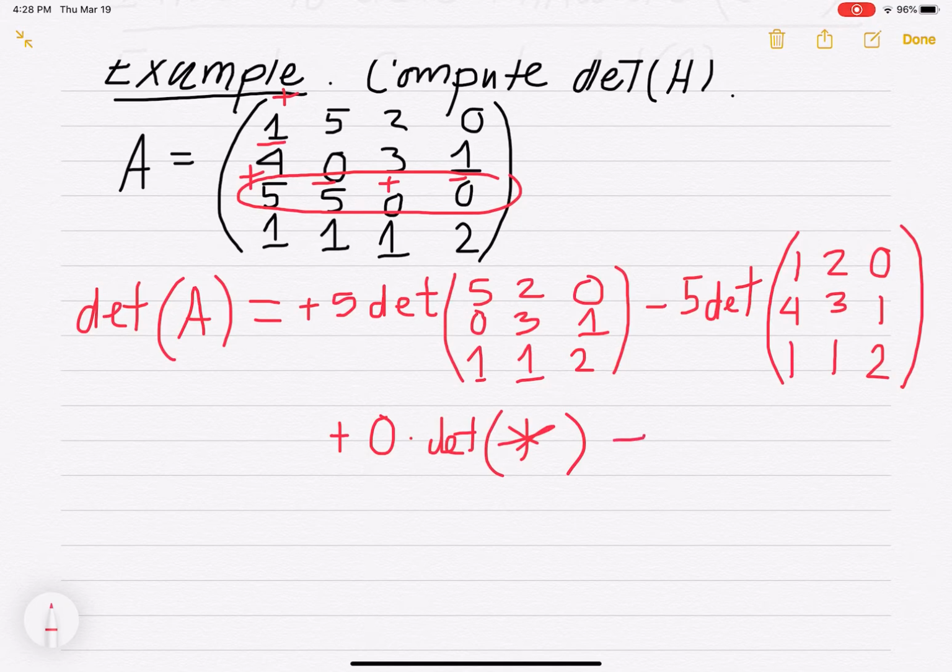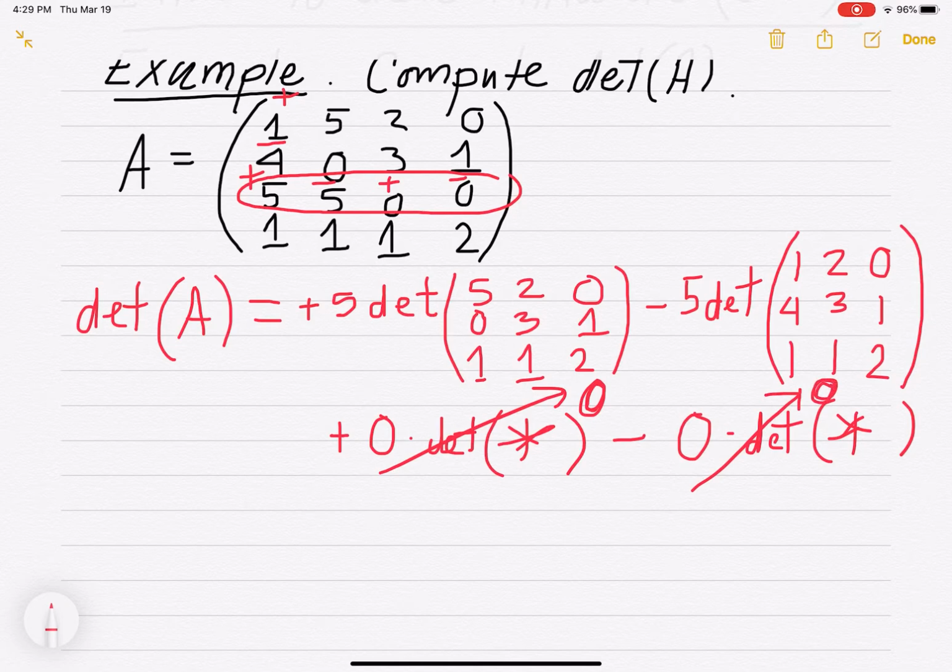I have a minus now, 0 times determinant of whatever that submatrix is. Doesn't matter because we're going to have 0 times the determinant. So this is going to 0 out. So really what we have to do now is calculate 2 3 by 3 determinants.